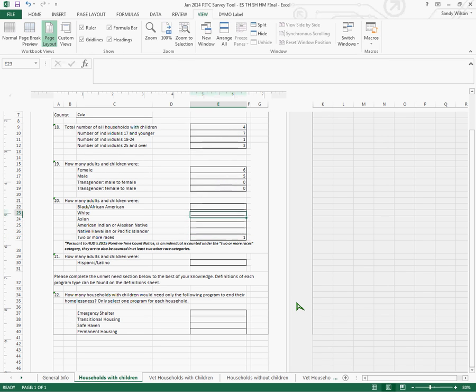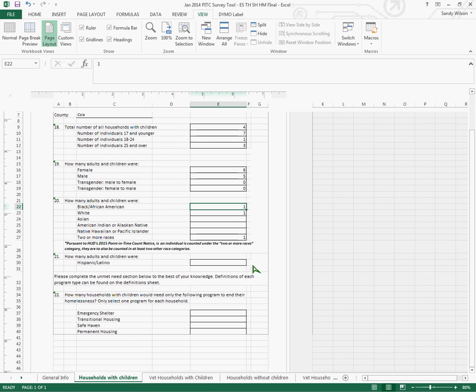That individual is both African American and white, okay? So that is a single individual off of our 11. We still have 10 individuals that we need to break out and include in our race breakdown.